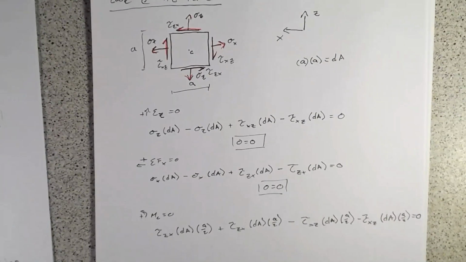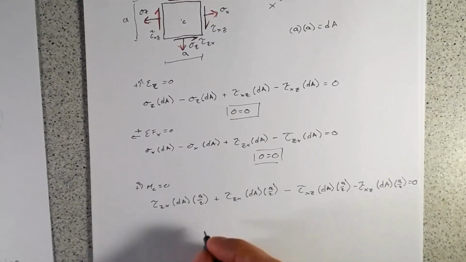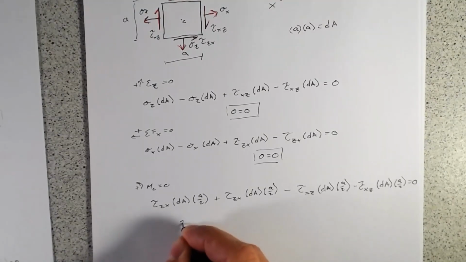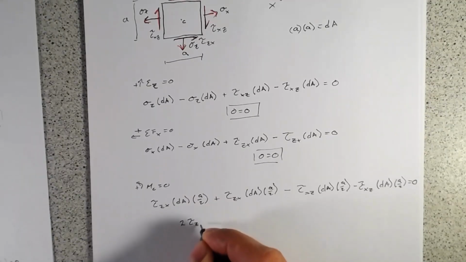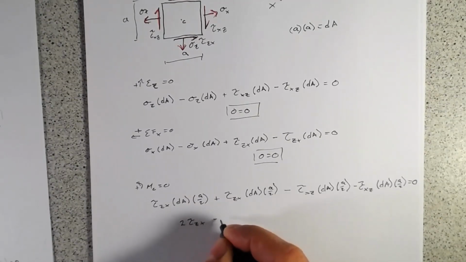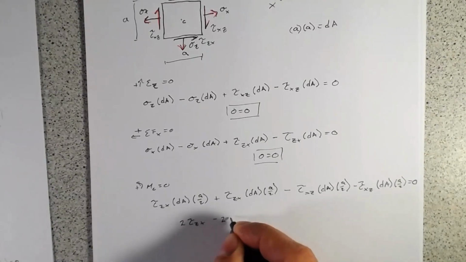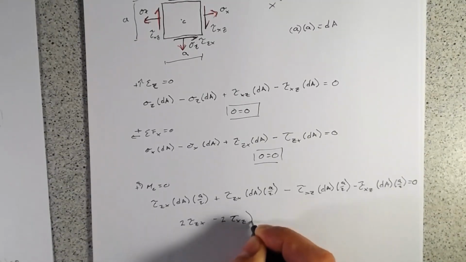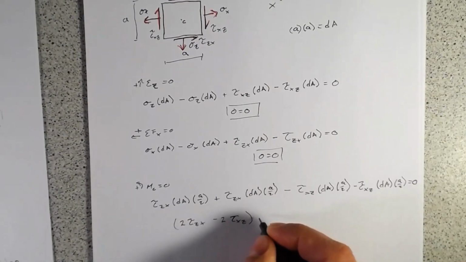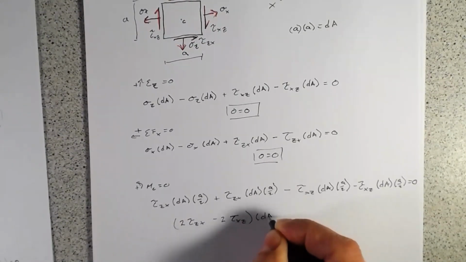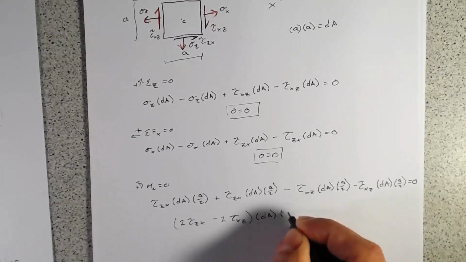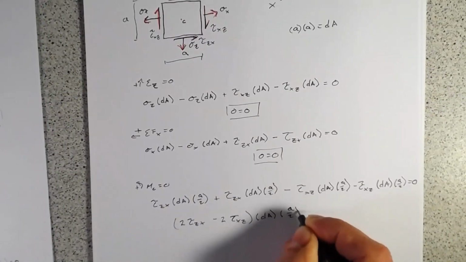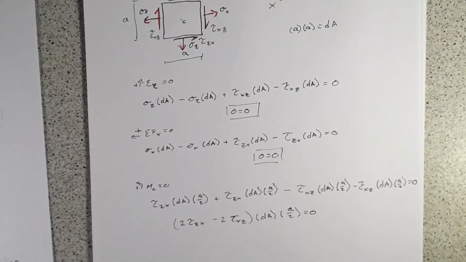Well, let's do some simplifying here, and we end up with 2 tau zx minus 2 tau xz times dA times a over 2 equals 0.